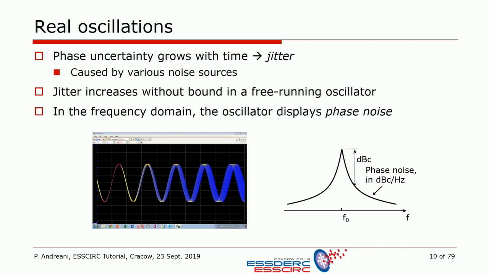So we are actually interested in knowing not just the total power of the jitter, but how much noise the spectrum of the oscillation carries at different so-called offset frequencies from the ideal omega 0 carrier.